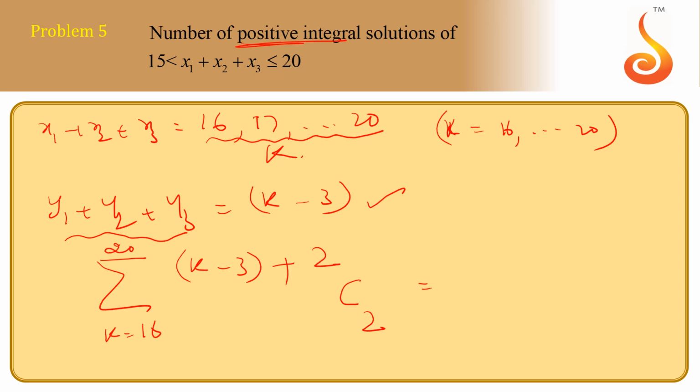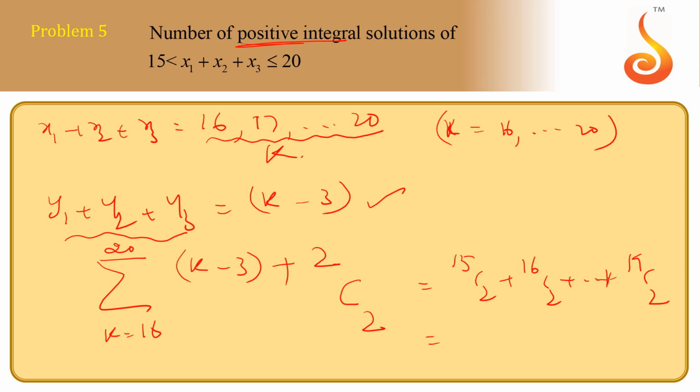So if k equals 16 you substitute, k minus 1 gives 15C2, then 16C2, and so on, k equals 20 means 19C2. So it is 15C2, 16C2, and so on up to 19C2.